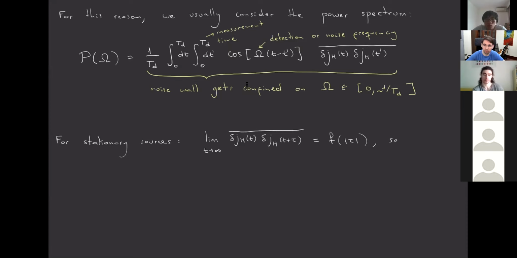And then once you have this property, that this function in the kernel of the integral depends only on the absolute value of the time difference, it's very easy with variable changes to show that when the integration time goes to infinity, then this power spectrum gets a more familiar expression, which is just the Fourier transform.